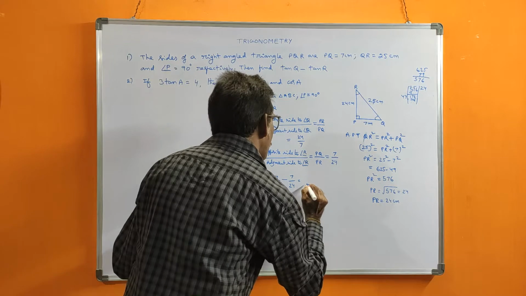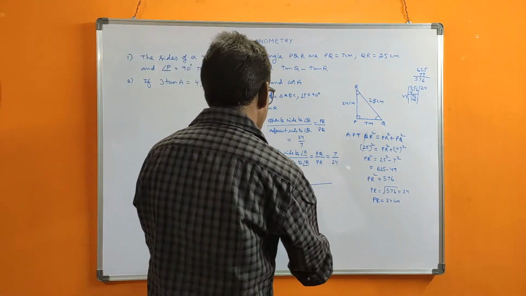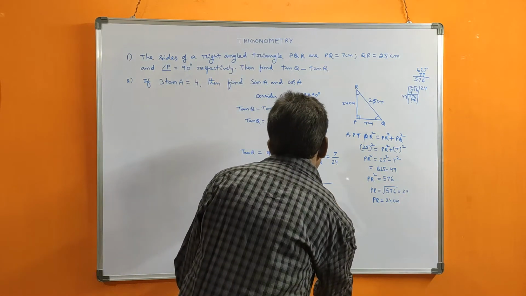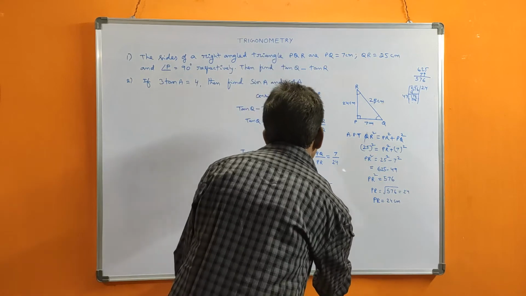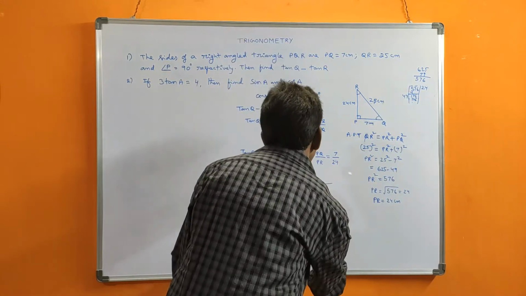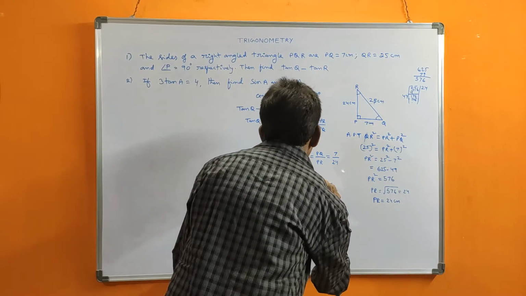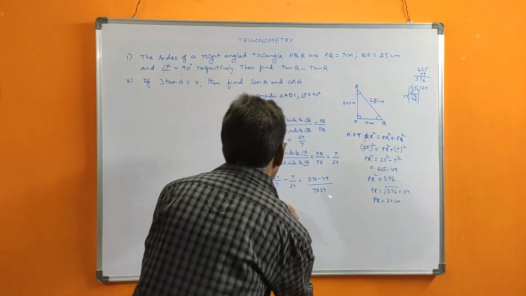Now to solve this, 7 is a prime number, so the LCM is 7 into 24. 24 times 24 is 576, minus 7 times 7, 49.